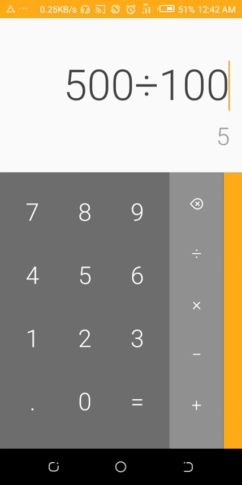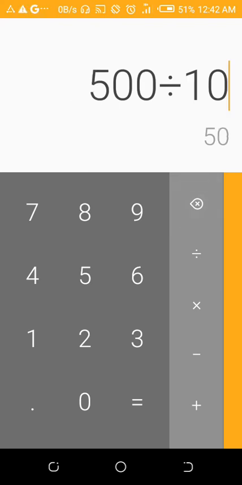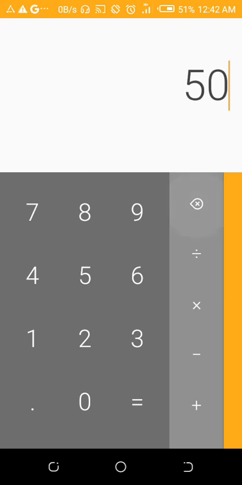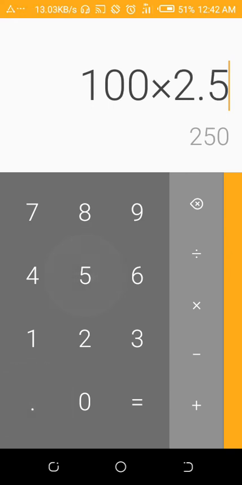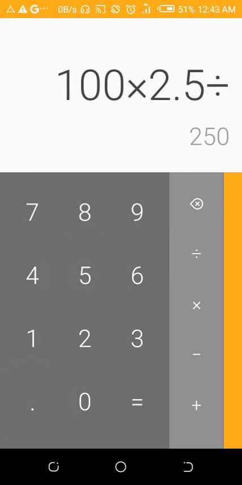So if you fund $100, that will be 2.5. I hope you understand. So 100 times 2.5 divided by 100.